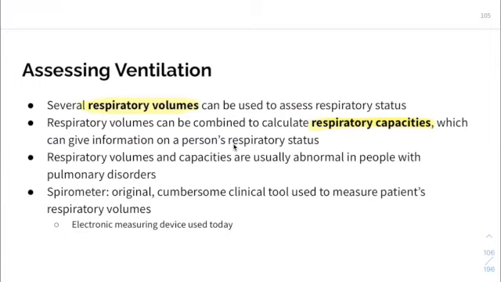So if anybody has any kind of pulmonary disorders, asthma is one, COPD is another, those respiratory volumes and capacities tend to be abnormal. One of the main instruments used is a spirometer, and it measures somebody's respiratory volume.